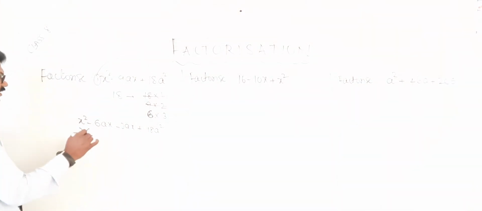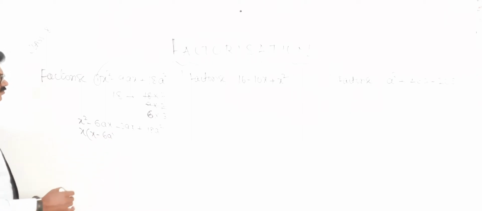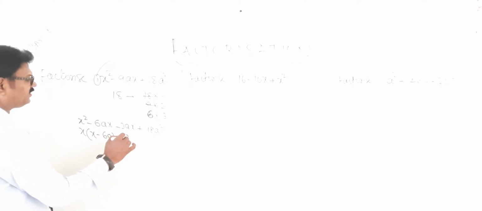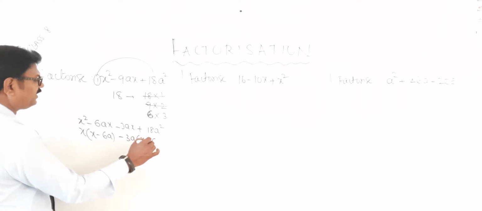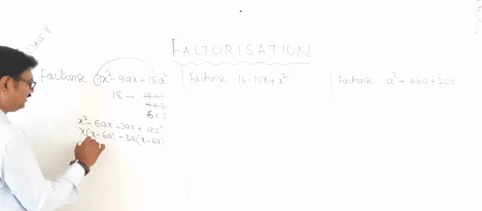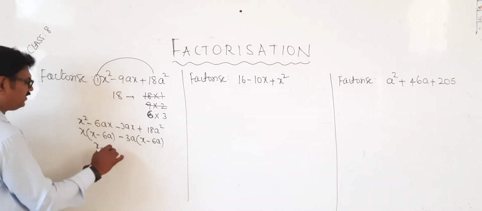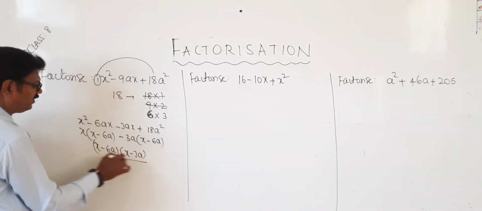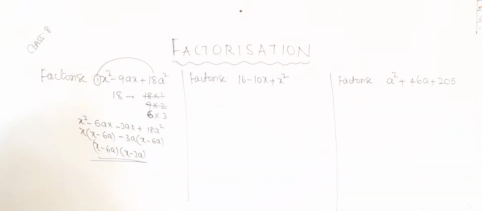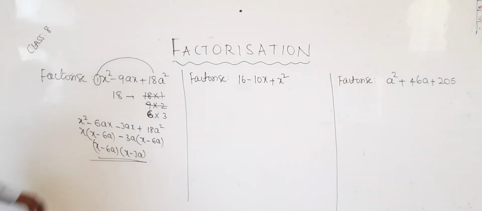Now x is common: x into x minus 6a. Next, take minus 3a, and it is again x minus 6a. Therefore, x minus 6a into x minus 3a. Did you understand? Very simple.